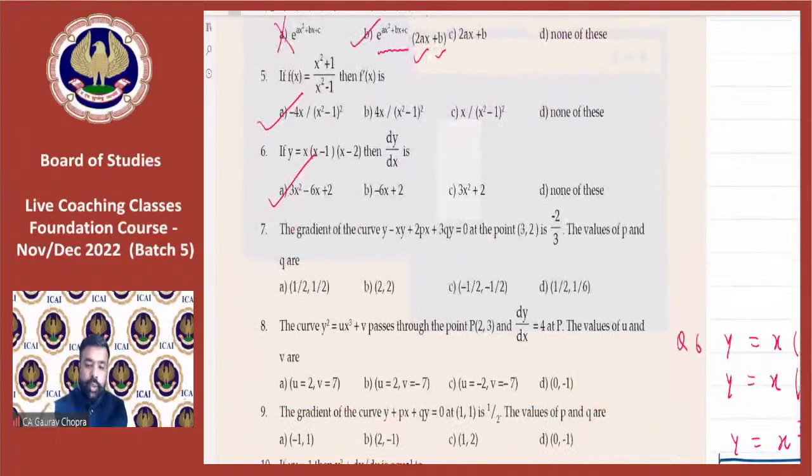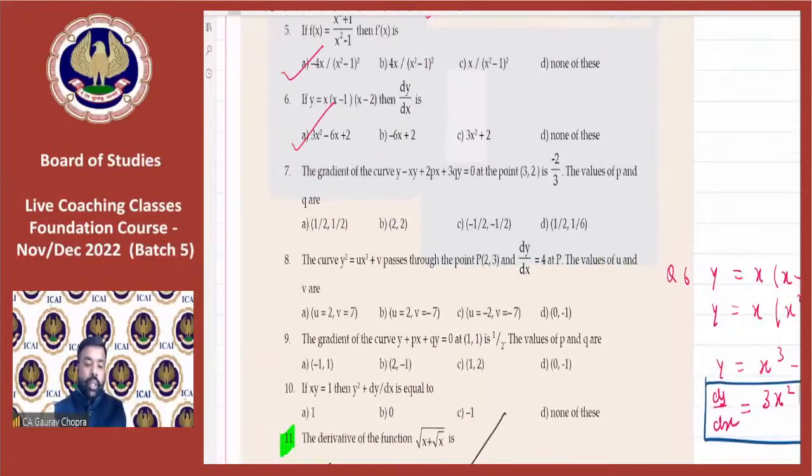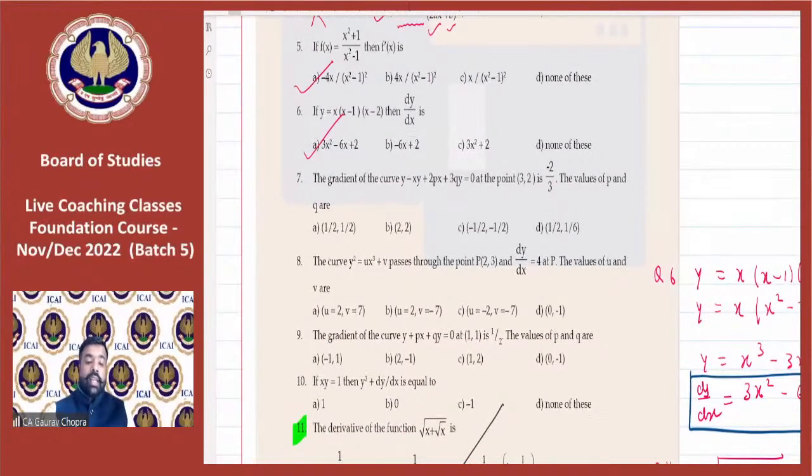Now let us do the seventh question. Yes. Now we have to try the seventh one. Seventh is a bit different question. It says the gradient of the curve y minus xy plus 2px plus 3qy is equal to 0 at point 3 comma 2 is minus 2 by 3.